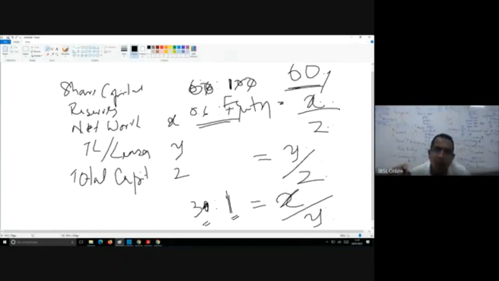So this portion of ratios shows you the investment by the owners, right? It shows you the commitment. The larger the equity, the financial stress is low.